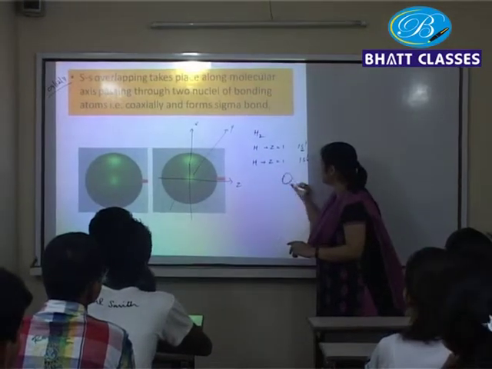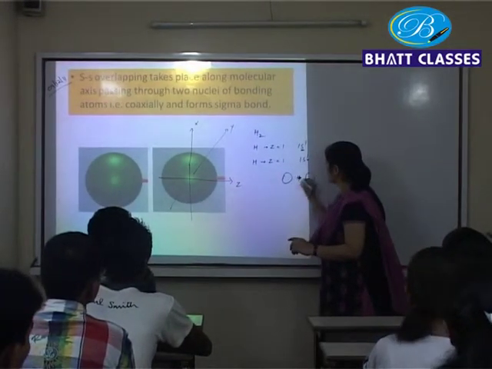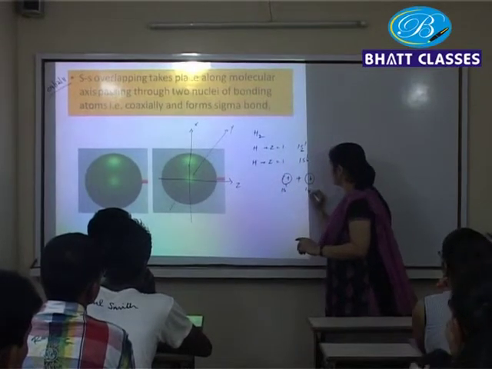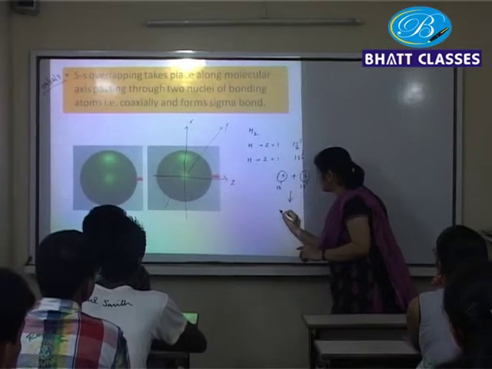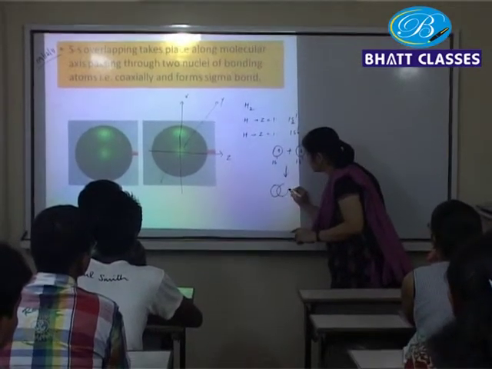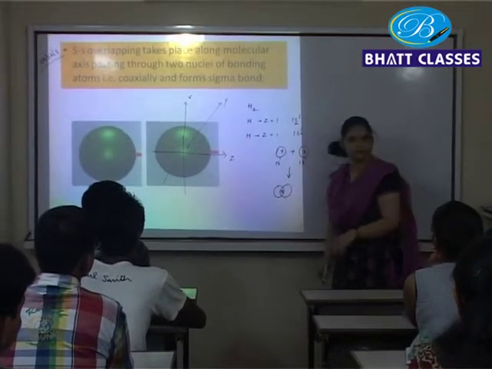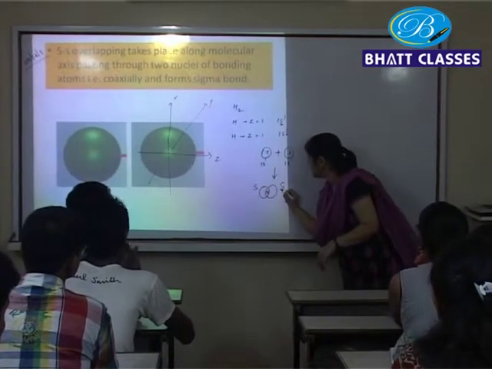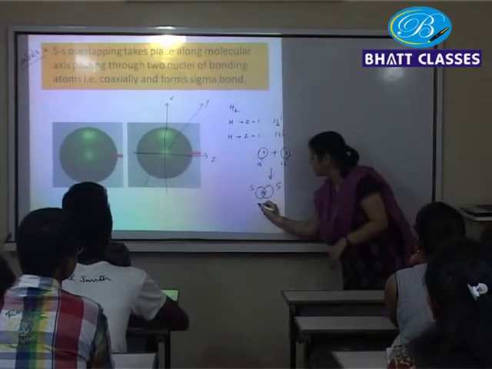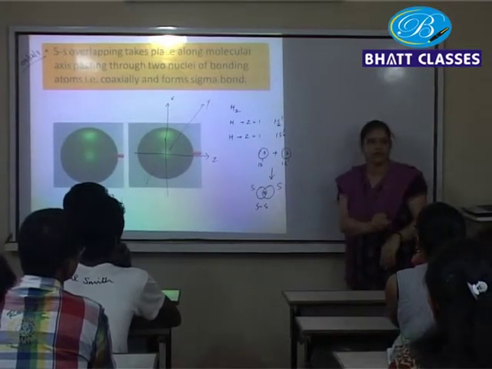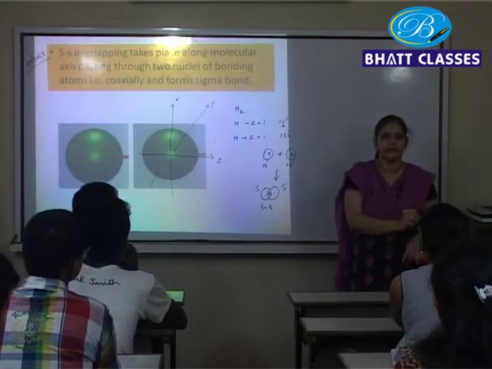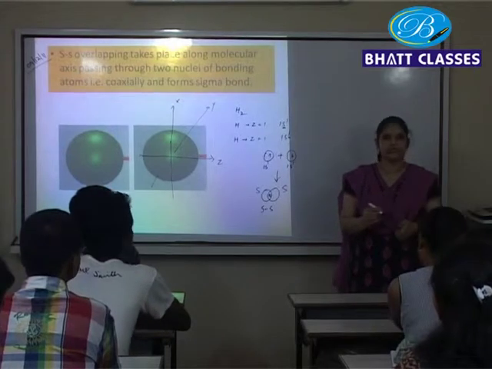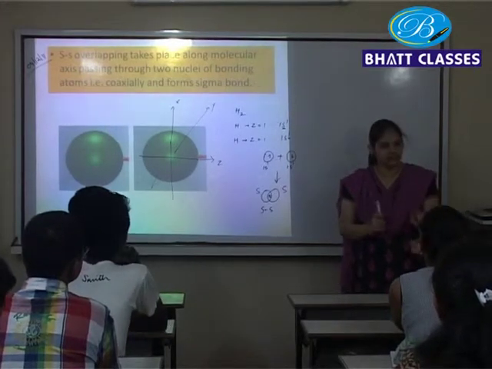So one hydrogen, one S, other S, and they form S overlap, and the type of covalent bond is SS covalent. Is that clear? This is the first type of overlapping, SS overlap.